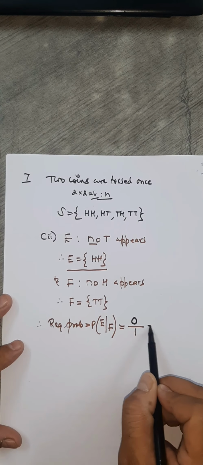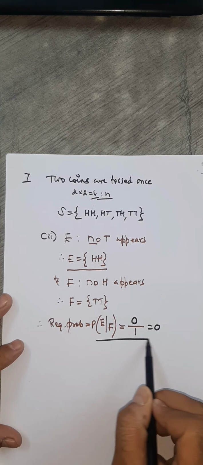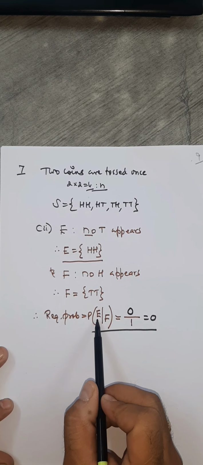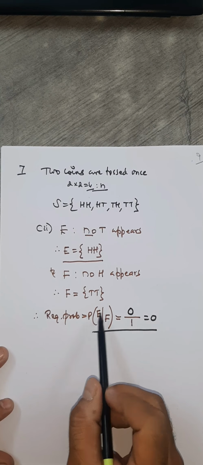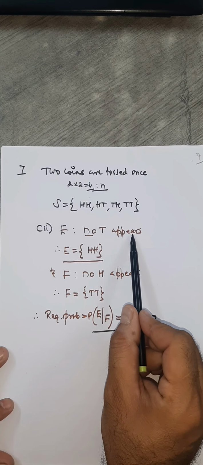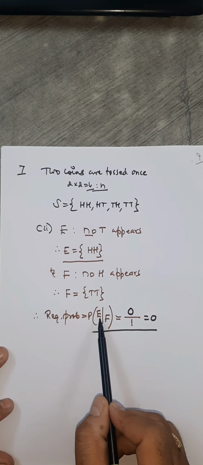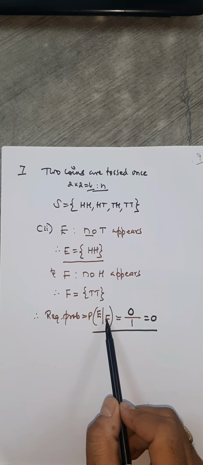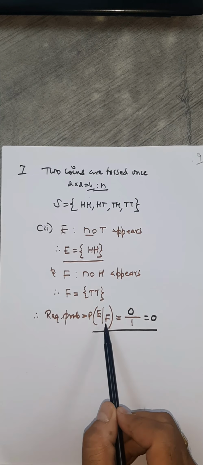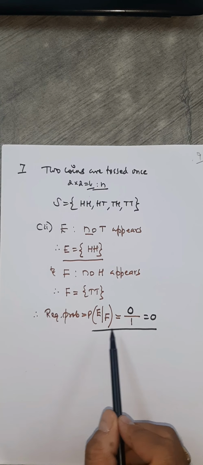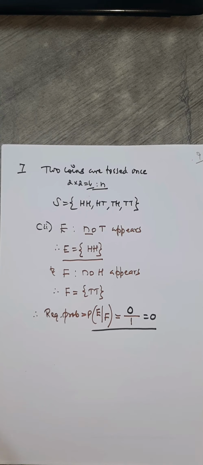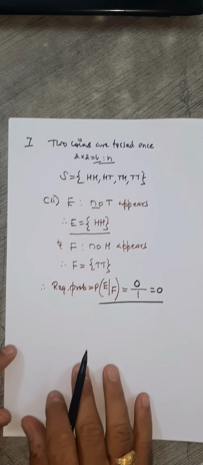No, 0. So the probability is 0 here. The conditional probability is 0. This means finding the probability of getting no tails when no head has appeared. That's the question. So as per our definition, the required probability is 0 here. First you can try. I hope you can do that.